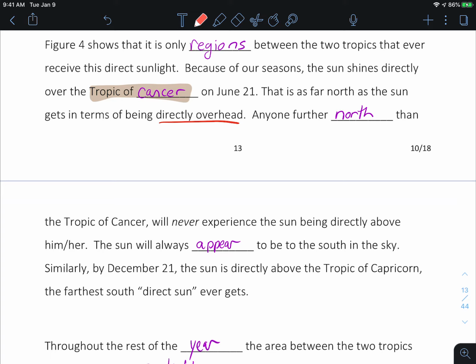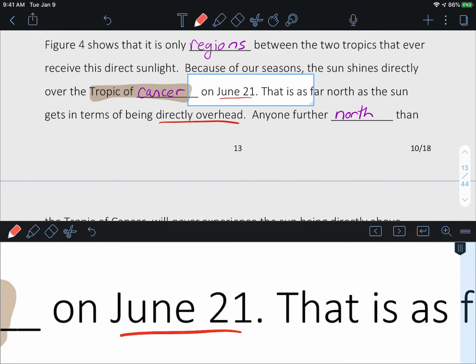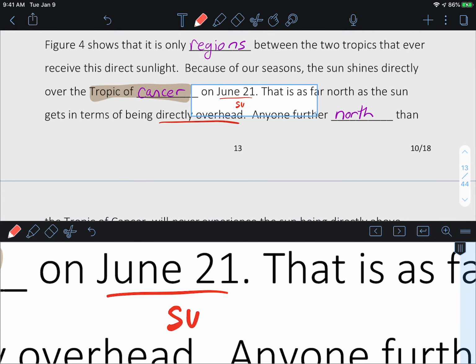Similarly, by December 21st, the sun is directly over the Tropic of Capricorn. This is the farthest south the direct sun ever gets. And these are important dates. This is the longest day of the year, usually, and this is the shortest day of the year for us who live in the northern hemisphere. The summer solstice is one word we call it.